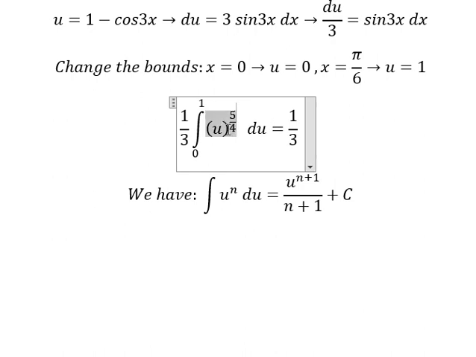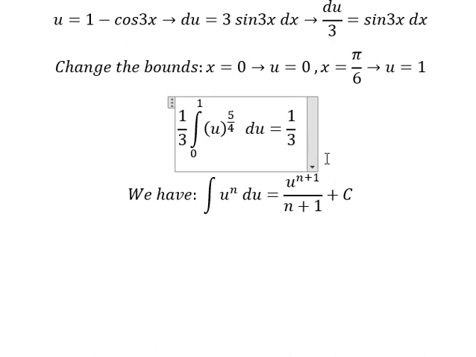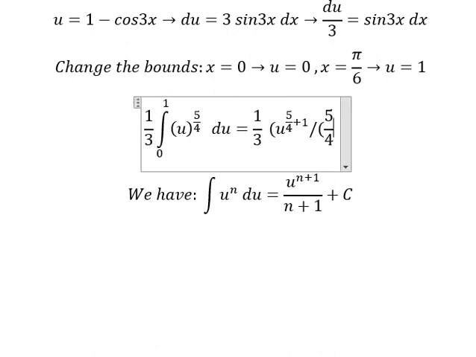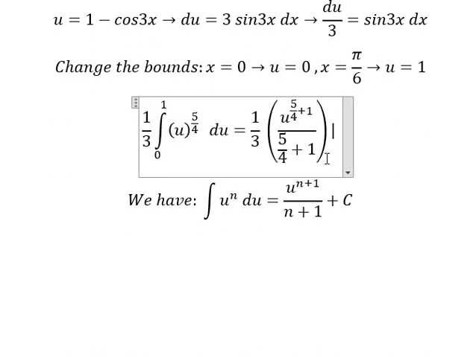The integration of this one, so we put 5 over 4 in here, and we have it like this. And now we put the bounds from 0 to number 1.